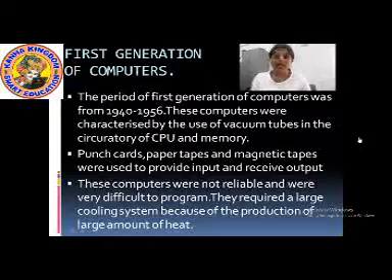Now students, what were the examples of this first generation of computers? Let me tell you.